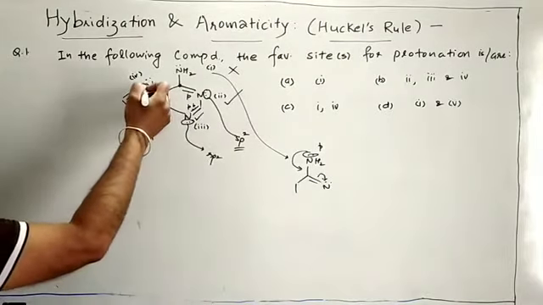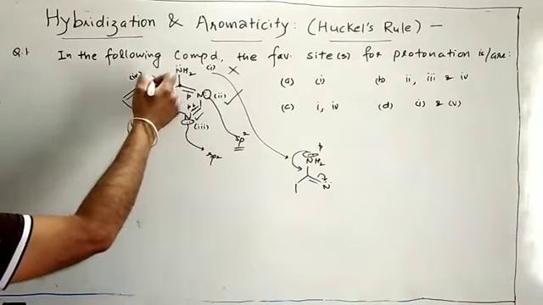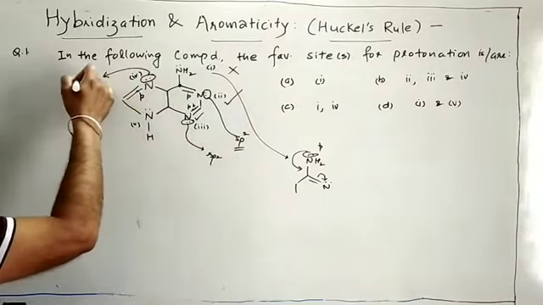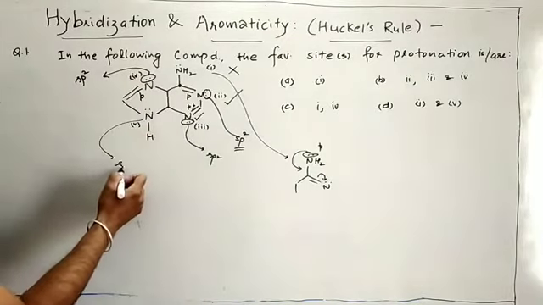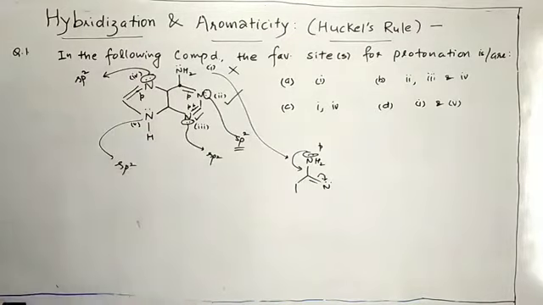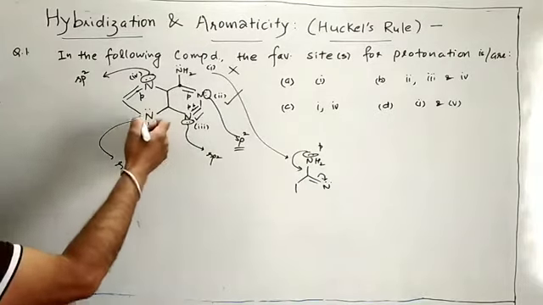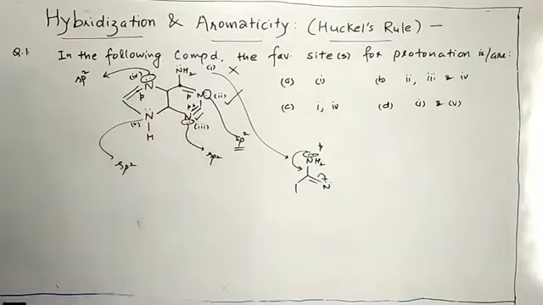Number 4, again this nitrogen uses its p orbital, so this pair of electrons is present in an sp2 hybridized orbital. Number 5, the nitrogen is sp2 hybridized, so it is forming 3 single bonds, meaning it has used its 3 sp2 hybridized orbitals.